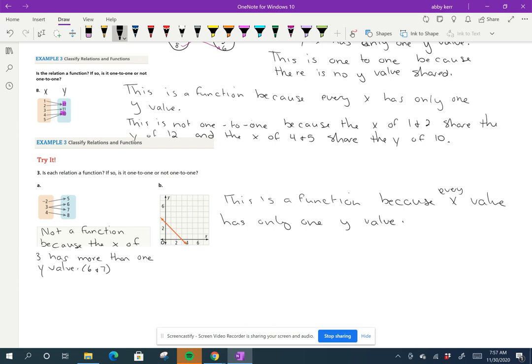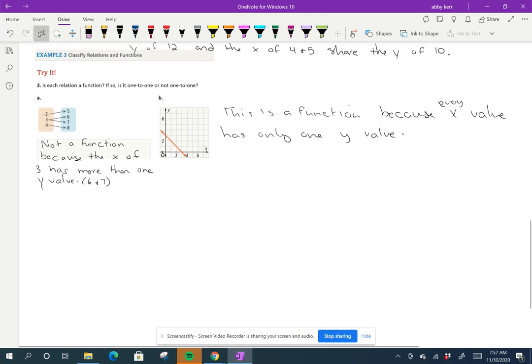Now, if your graph was like a circle, let's say that this is, or an oval. Doing my best drawing an oval, guys. And you want to do the vertical line test. Notice my vertical line touches here and here. So since it touches more than once, this would not be a function.